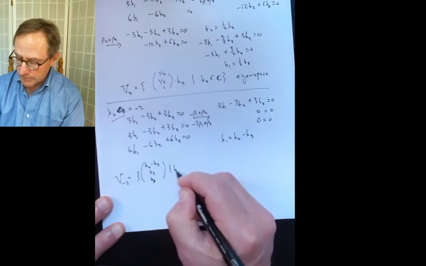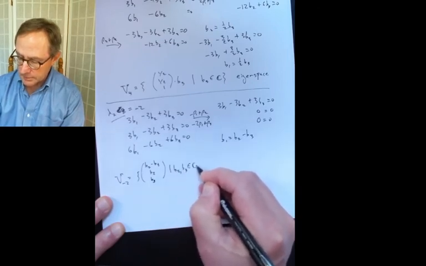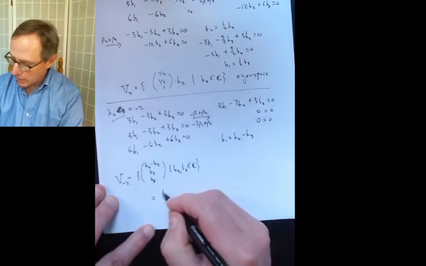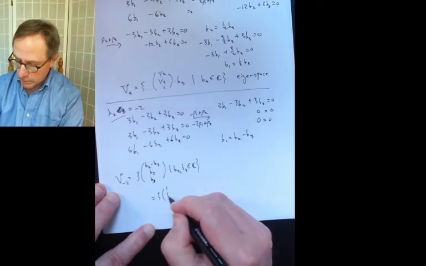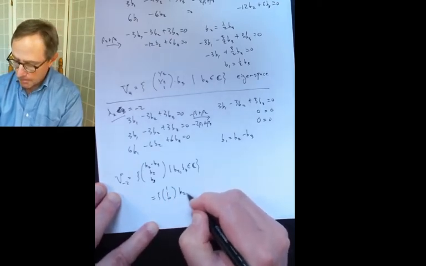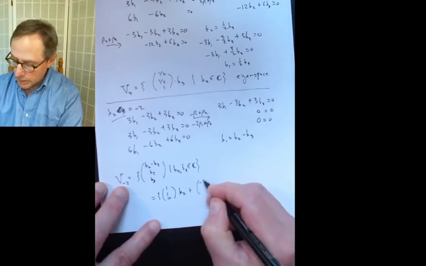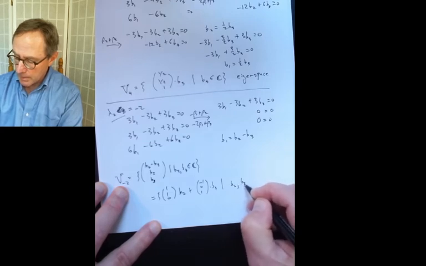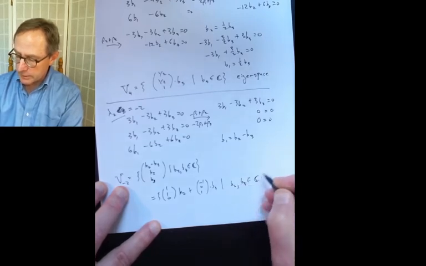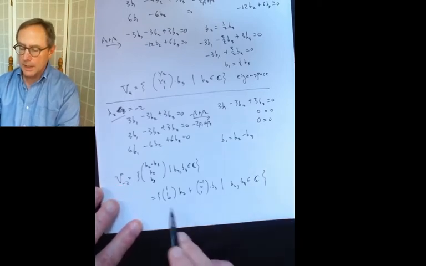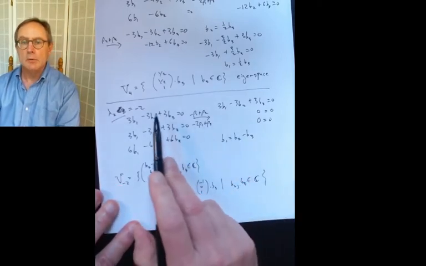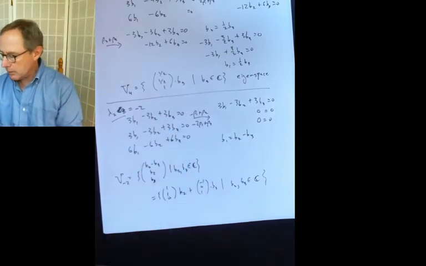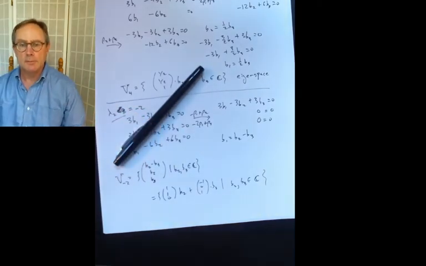Where b2 and b3 are complex numbers, and that is to say, it's the set of 1, 1, 0 times b2 plus minus 1, 0, 1 times b3, where b2 and b3 are free. It's easy to write reals there, but reals isn't correct. So we get a two-dimensional eigenspace associated here with the repeated root of minus 2. Okay, so the calculations go like the calculations from last time.